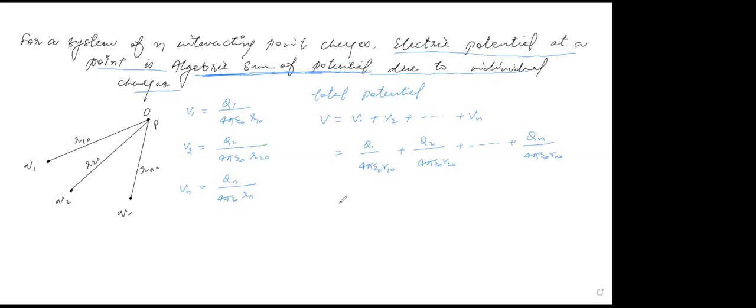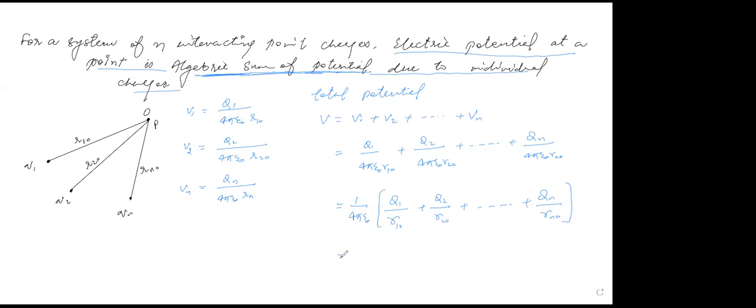And now similarly, you can take 1 over 4 pi epsilon naught as common. And you get in bracket Q1 over r10, Q2 over r20, and up to Qn over rn0.